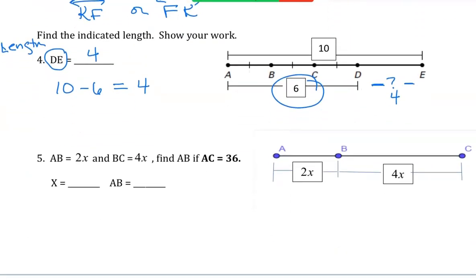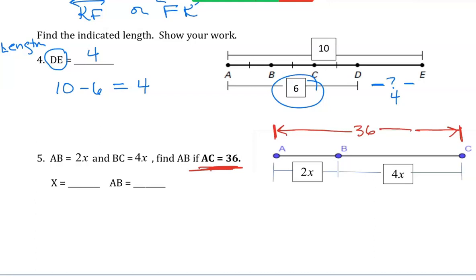Okay, this is a similar problem, only here they have not put all the information on your diagram. This is the piece that's missing. AC is 36. What I would really want you to do is put your 36 right here. Now you have to figure out what x is and then also what AB is.